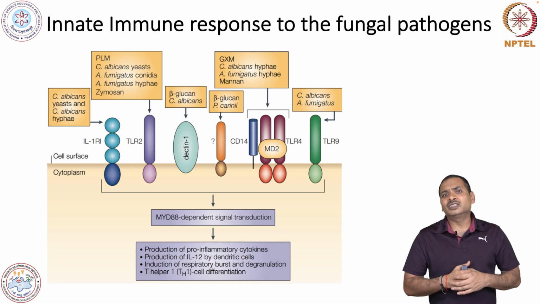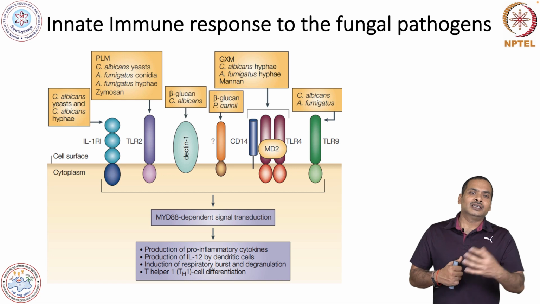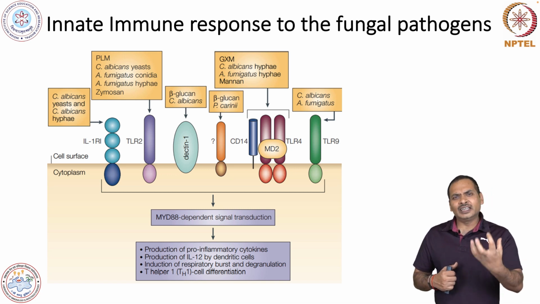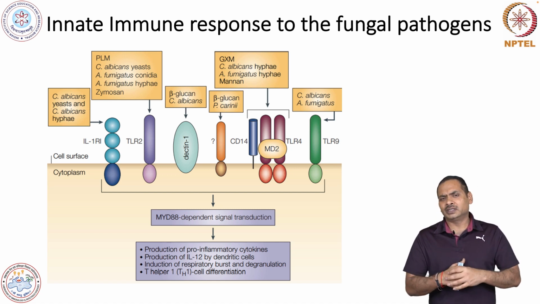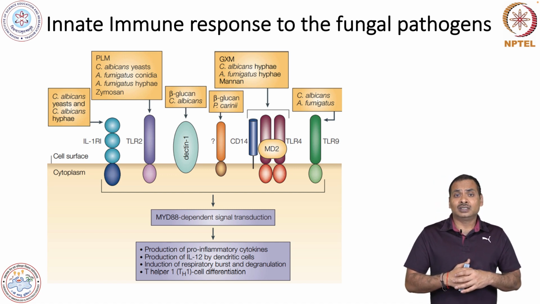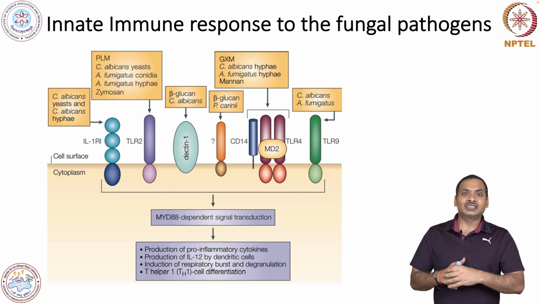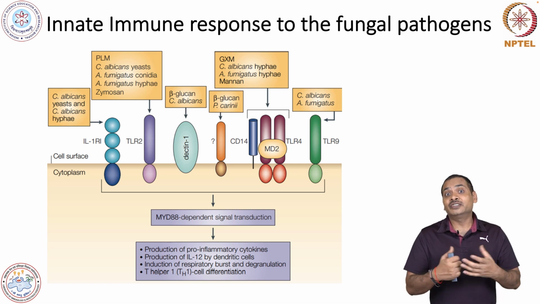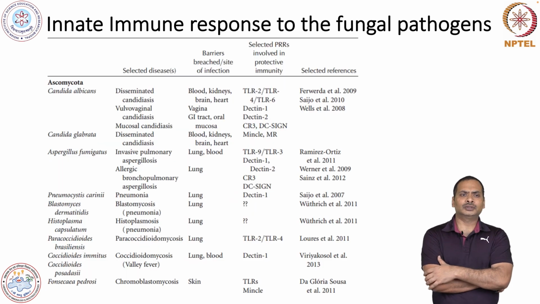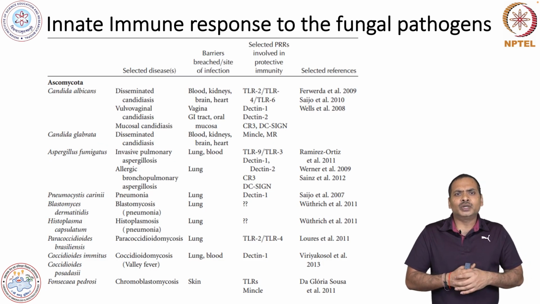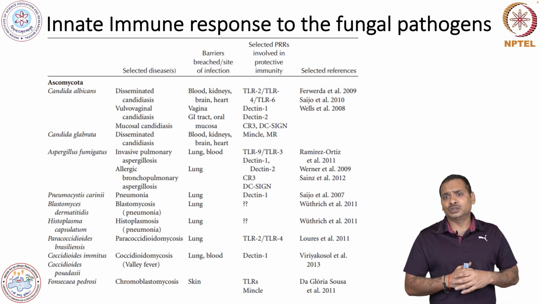Overall they can also trigger the Th1 response, which will trigger the killing of intracellular spores or various stages of fungi, like the yeast form. So this can be phagocytosed and then cleared by activation of Th1 immune responses.